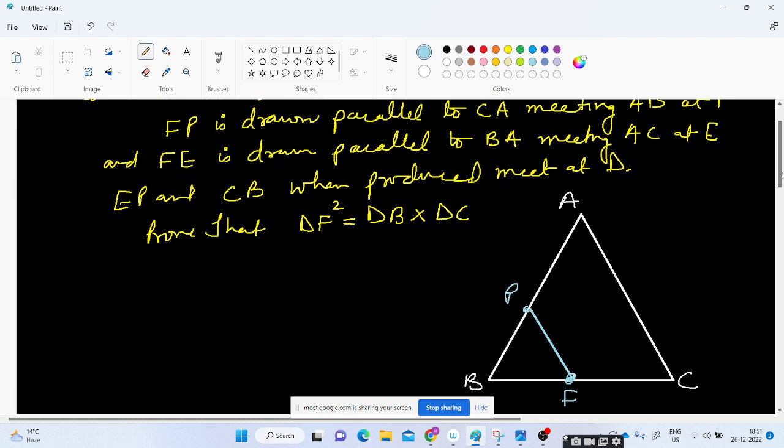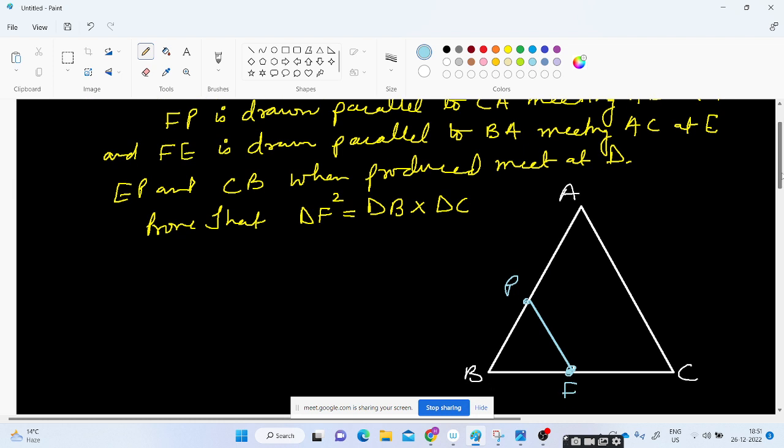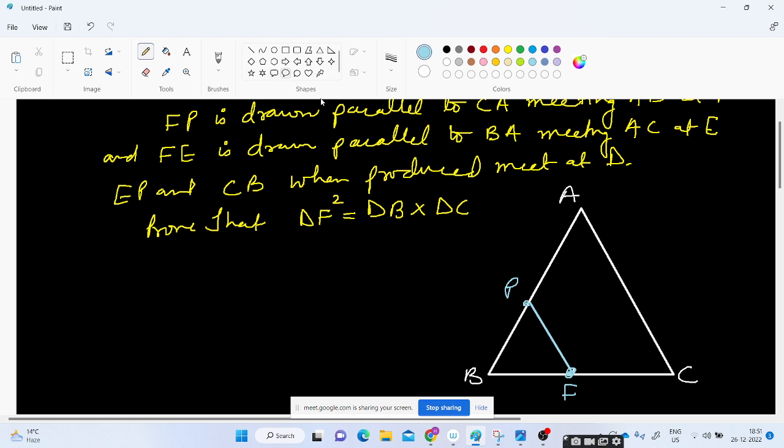Now similarly FE is parallel to AB. किसके parallel draw करना है बेटा, we have to draw it. FE is parallel to BA. So this is BA, this is FE parallel to BA, meeting AC at E. So this is going to meet AC.